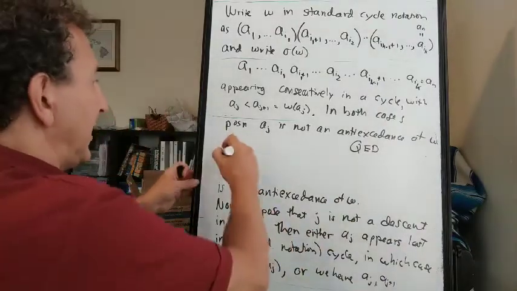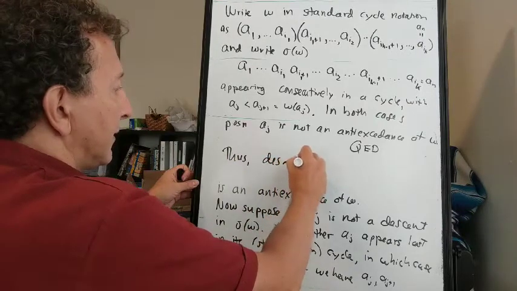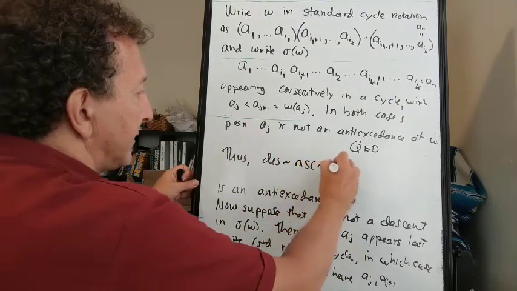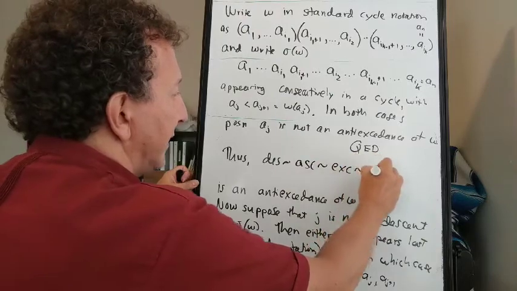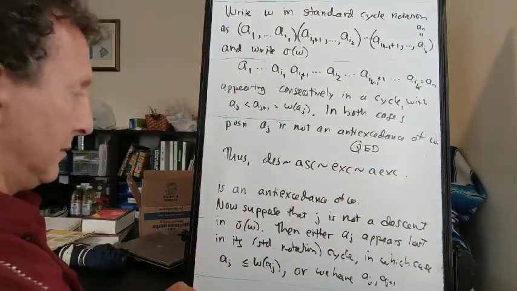So just to restate this, descents, ascents, exceedances, and anti-exceedances are all equidistributed on Sn.